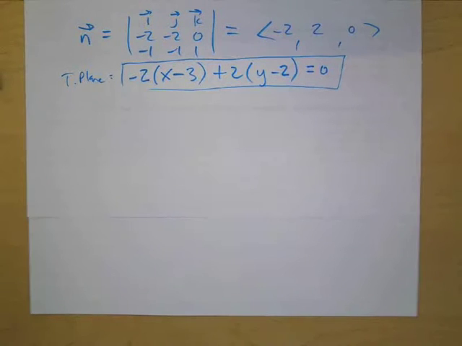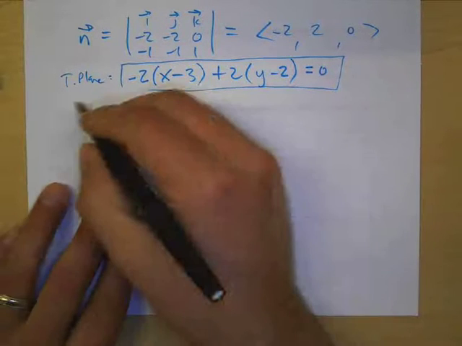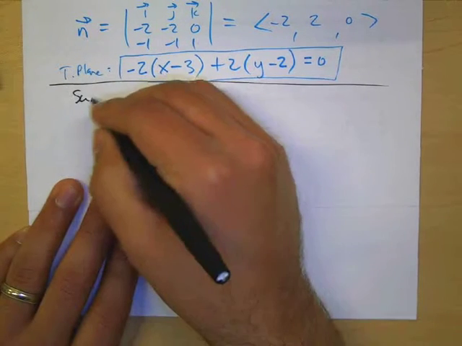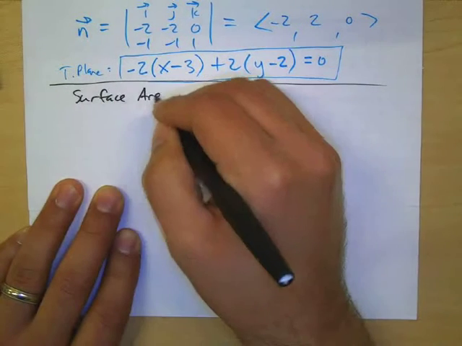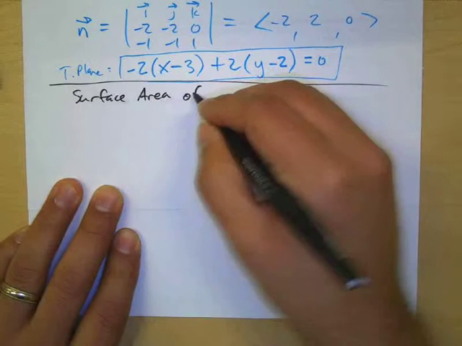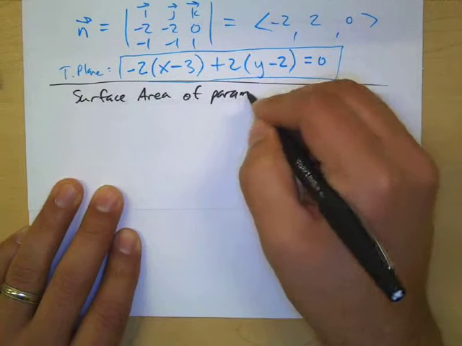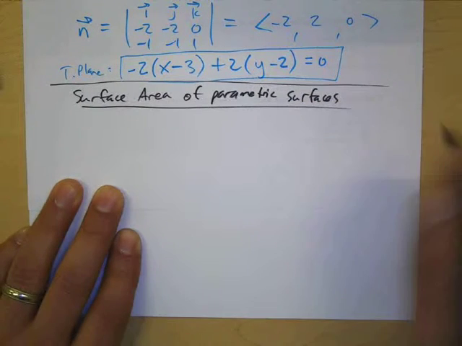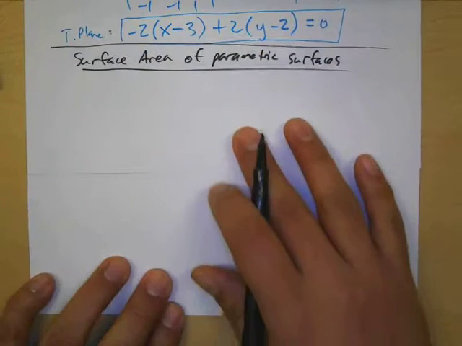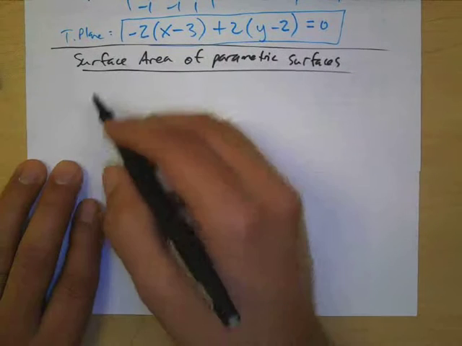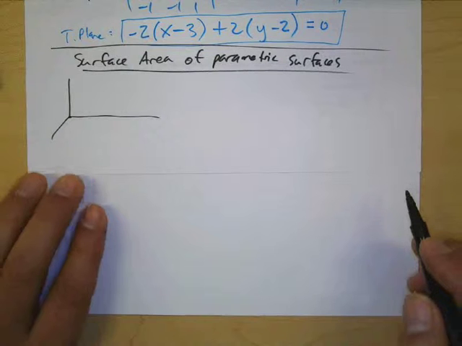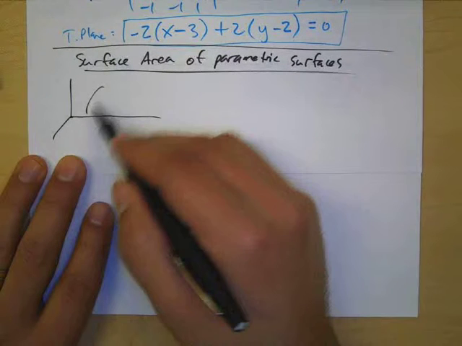All right, so then surface area of parametric surfaces is the last thing. And the derivation will not be nearly as long. But imagine again that you have some surface.